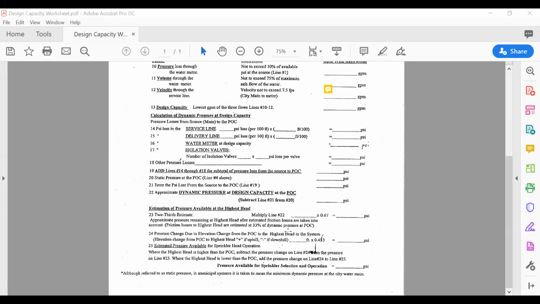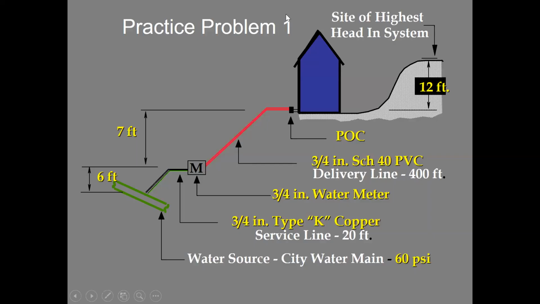So now we also have to take elevation into account. Going back to our picture or our problem, we have 12 foot of rise from our point of connection to our highest head on the hill. So we need to use that 12 feet, going back to our chart.